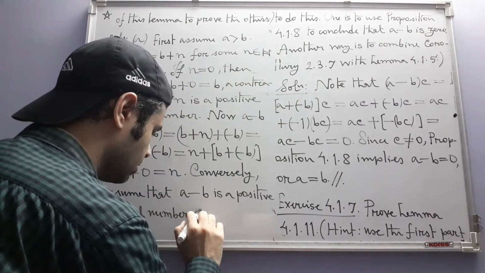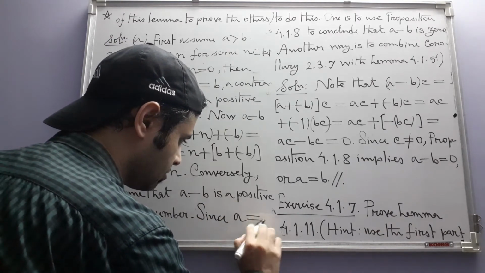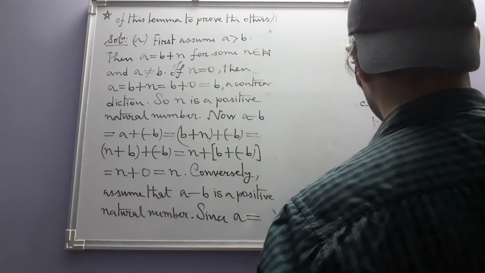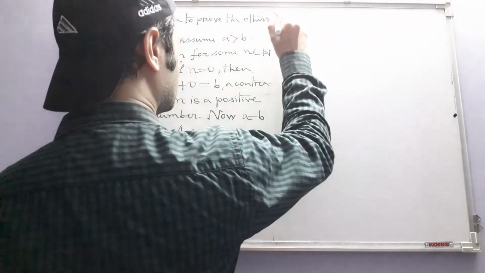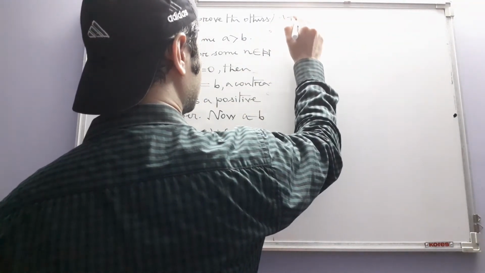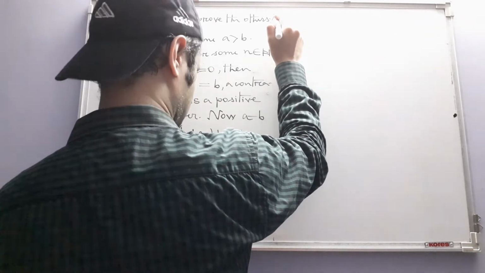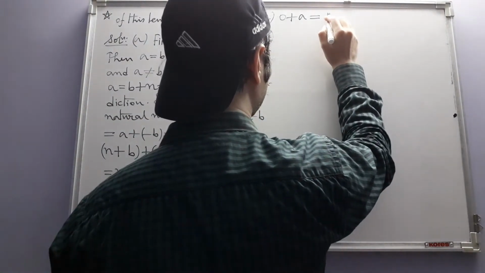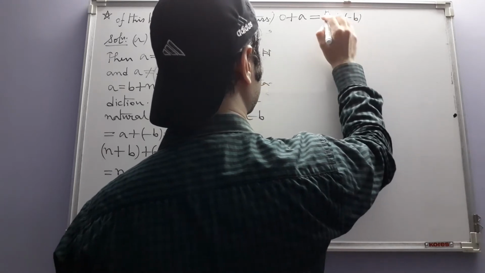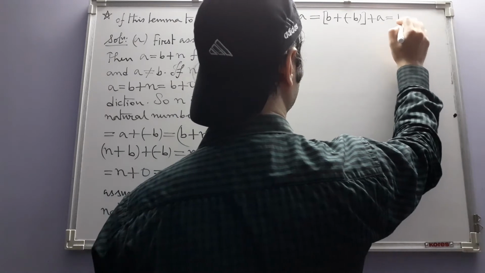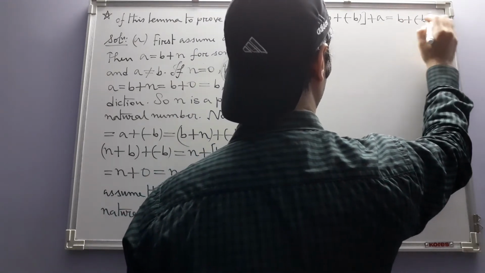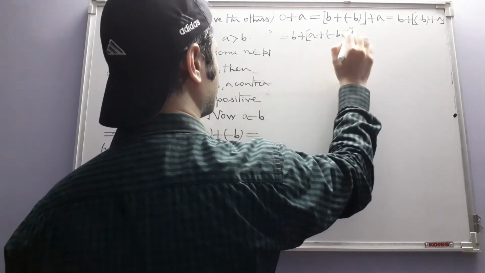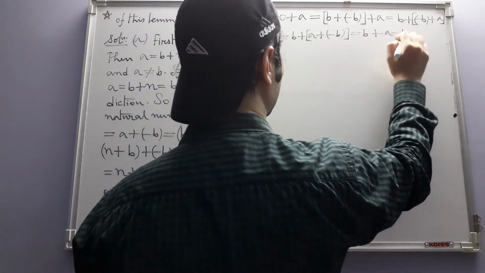But before that, a can be written as 0 plus a by one of our identities in the laws of algebra, and in place of 0 we can write b plus minus b, then use associativity of addition, minus b plus a, then use commutativity of addition, a plus minus b, and finally a plus minus b is nothing but a minus b.